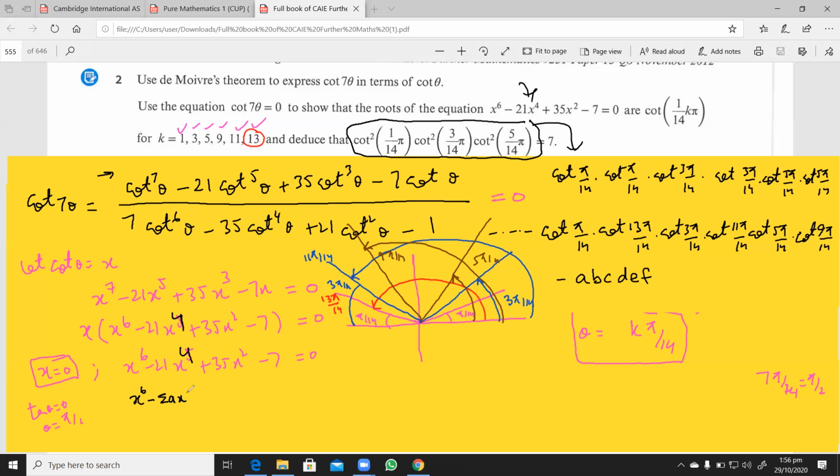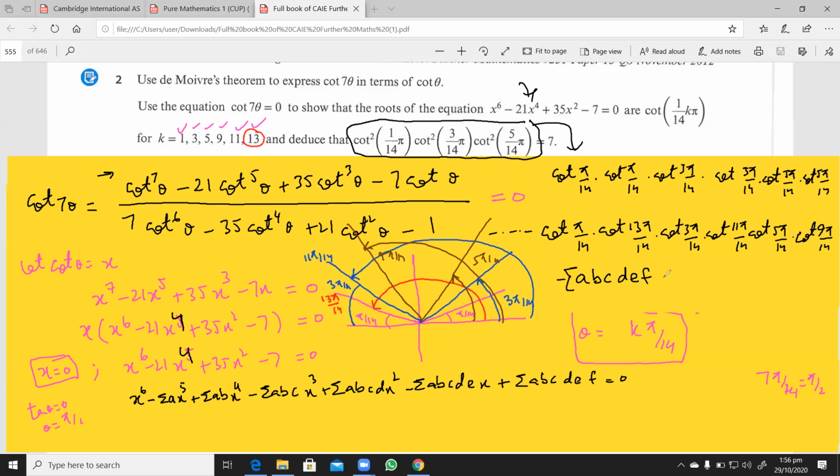Now this is sigma A, you remember there is a minus and then a plus: sigma AB x to the 4, minus sigma ABC x cube, plus sigma ABCD x square, minus sigma ABCDE x, and then plus sigma ABCDEF, that is equal to 0.